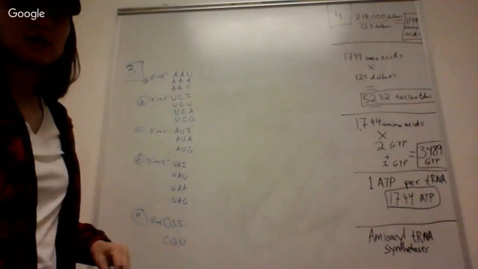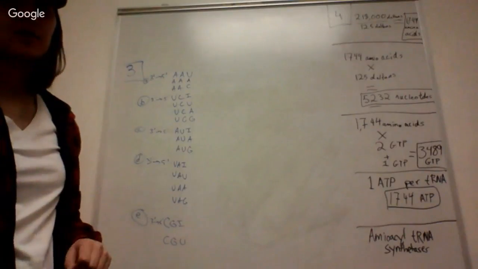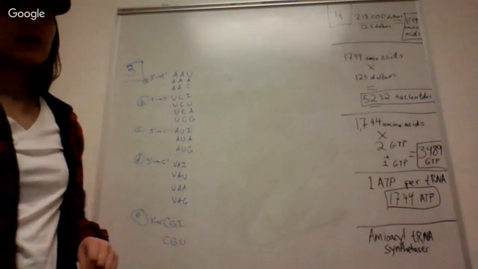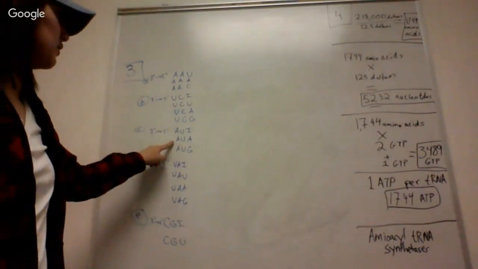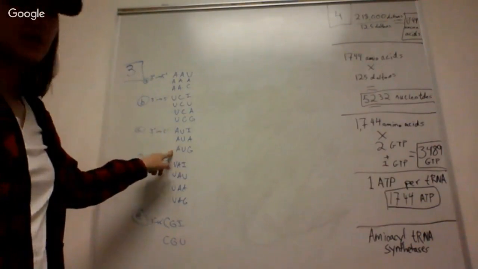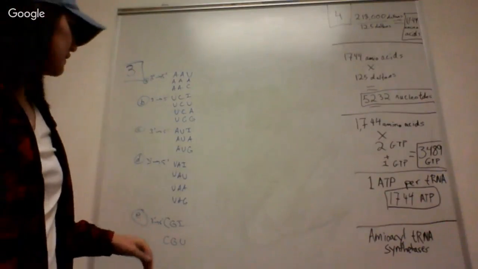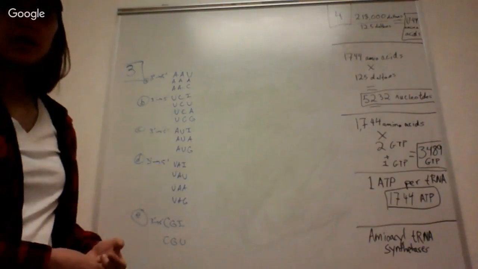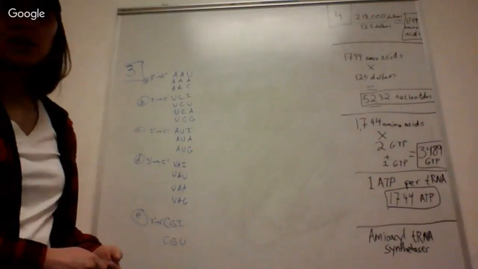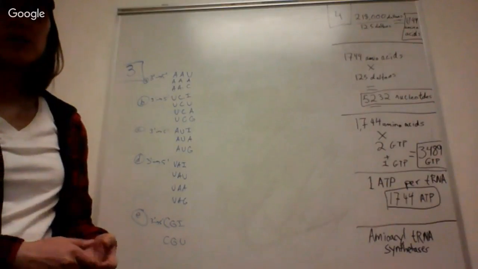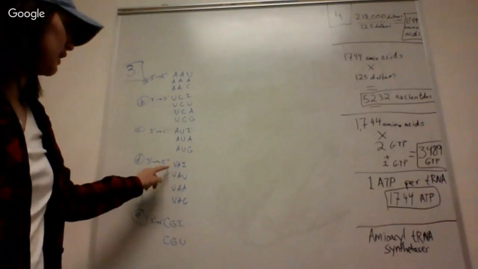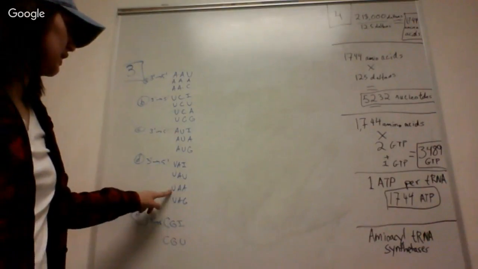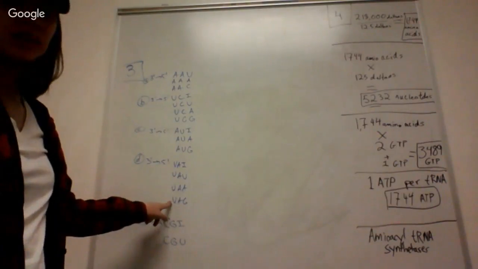And then for C, it gives you UAC, and the anticodons for that are AUI, AUA, and AUG. For part D, the mRNA codon they give you is AUU, and so the tRNA anticodons will be UAI, UAU, UAA, and UAG.